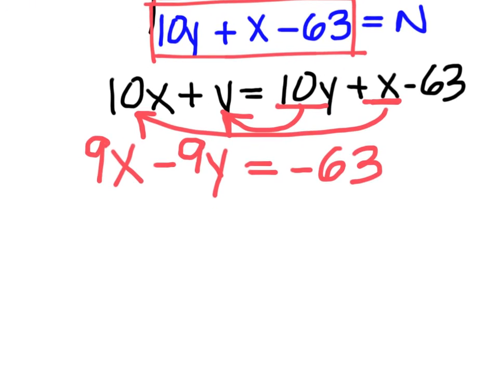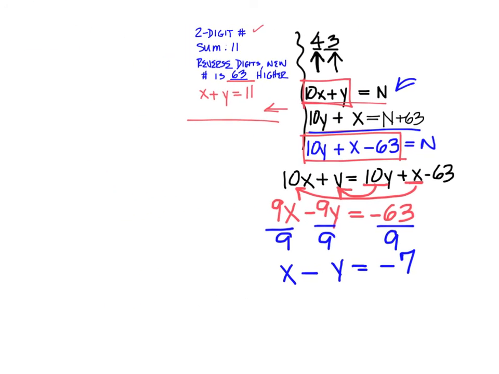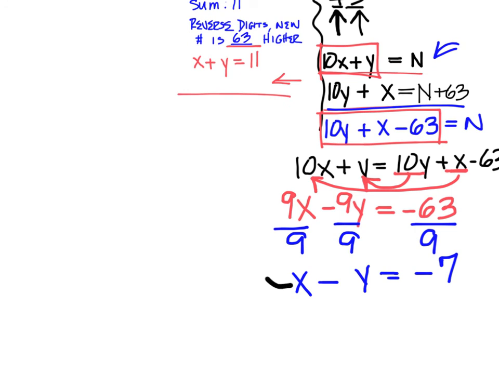I can simplify this equation by dividing everything by what? 9. And be left with x minus y equals negative 7. That is what goes back in here. x minus y equals negative 7.